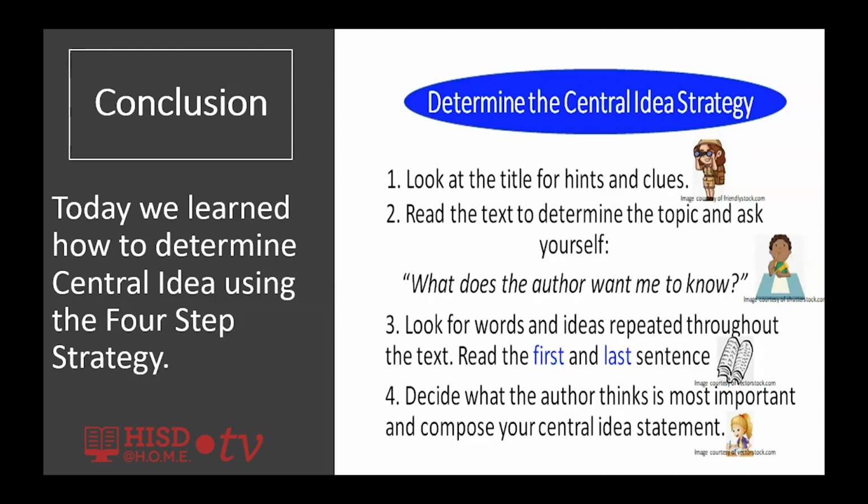Step 3, look for words and ideas repeated through the text. Read the first and last statement. And we're going to circle these words and ideas and underline the first and last sentence. And number 4, decide what the author thinks is most important and compose your central idea statement.